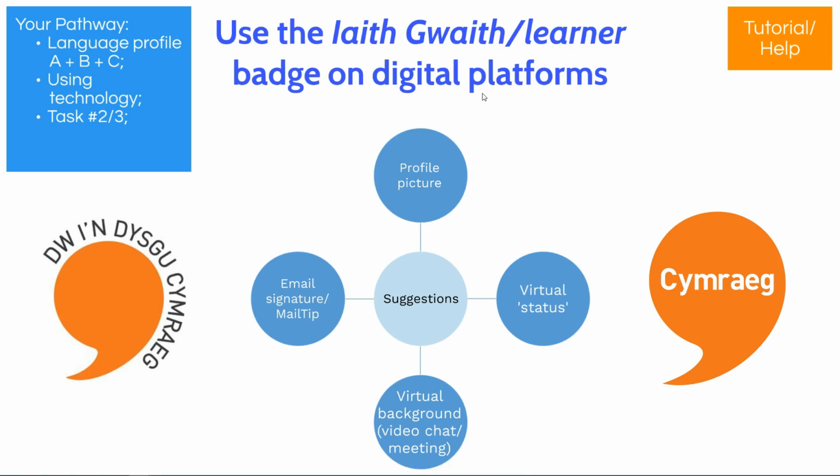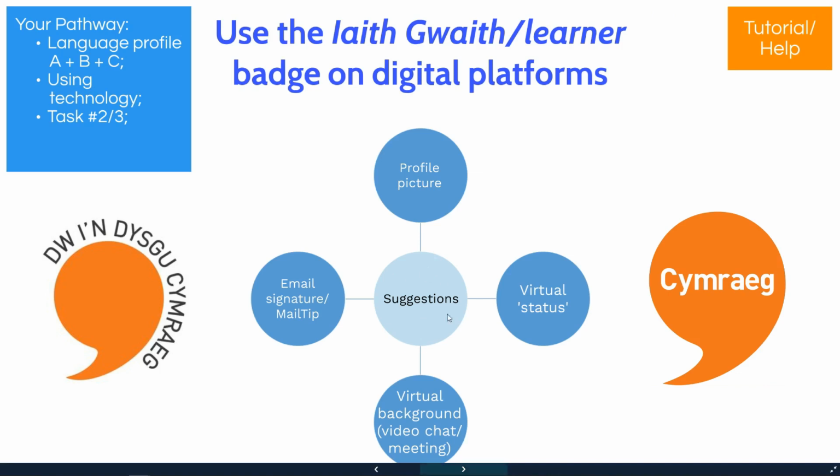This task includes suggestions for where to use the badge. They are your profile picture, your virtual status, as your virtual background in a video chat or meeting, and as part of your email signature or your mail tip.